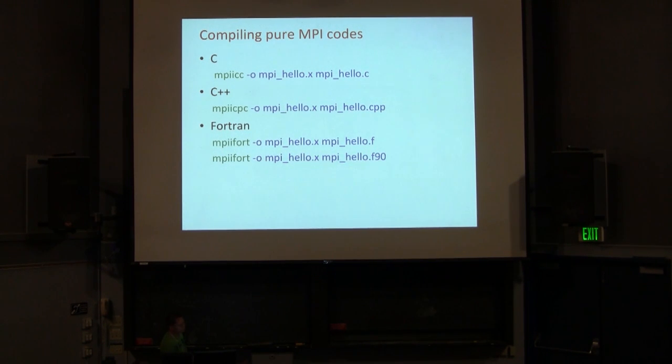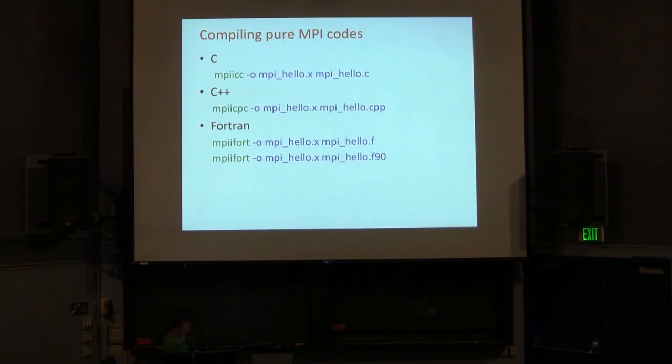Those are just wrappers, because if you are really adventurous, you can actually use ICC, but then the MPI implementation just provides the libraries and the startup script. If you use ICC, then you have to add a lot of options. You have to specify where the library is, how you link it, what options to use. So here, this wrapper saves you all the trouble. So I recommend using that.